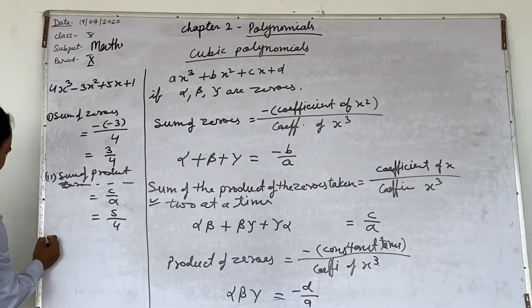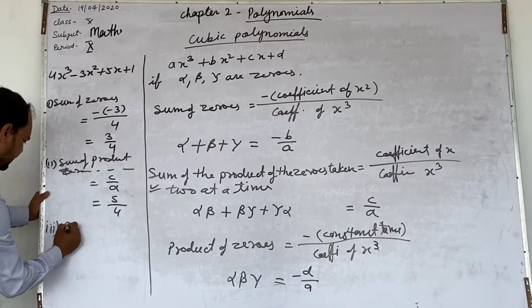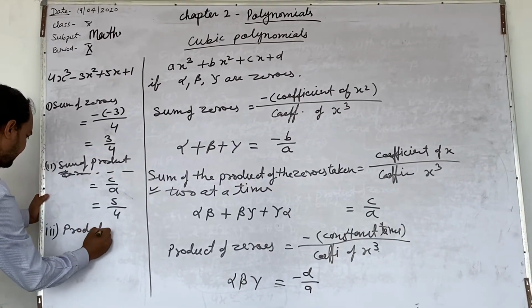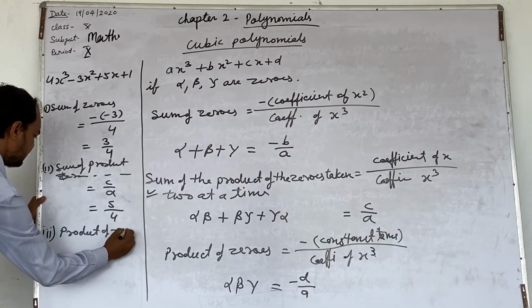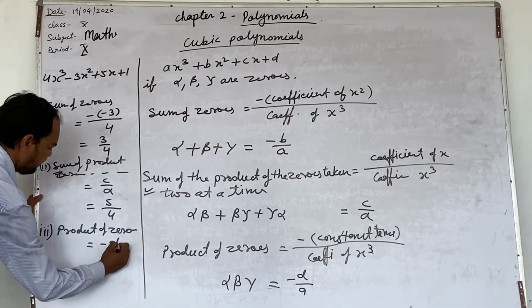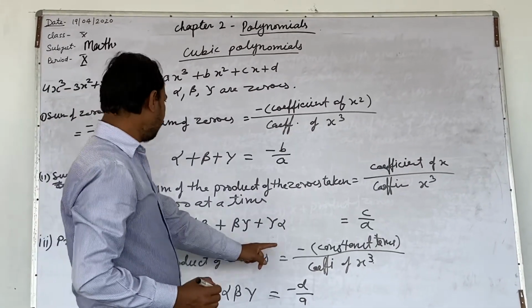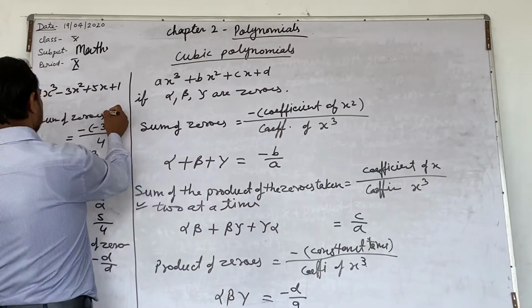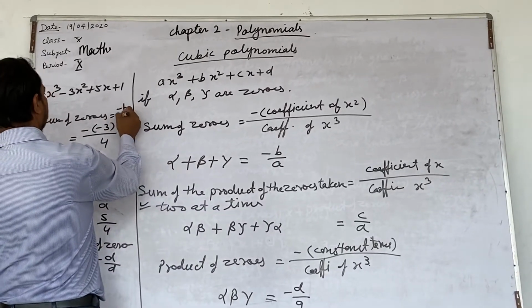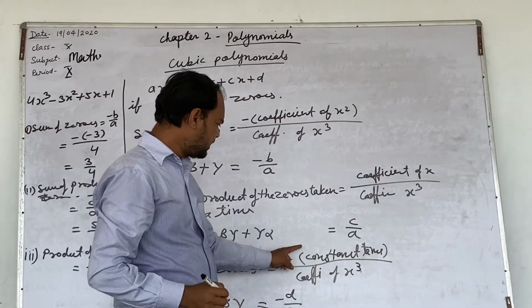Now the third relation. The third relation is the product of zeros, that is minus d upon a. Product of zeros means minus d upon a. Here you can say also minus b upon a for the sum. This is minus d upon a. Minus d upon a means minus constant term.